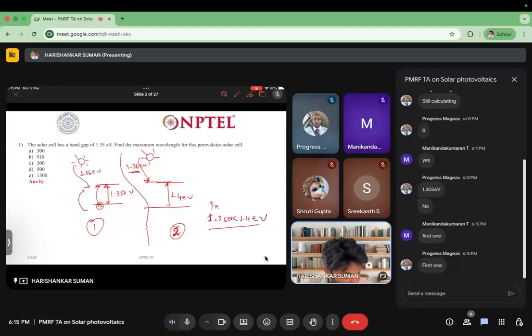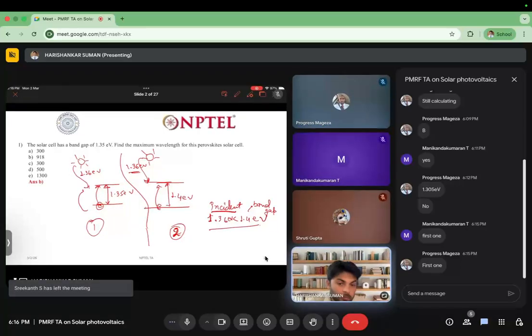This is the incident energy, this is the band gap. So the incident photon energy should be more than the band gap. An electron can only go from lower energy to higher energy. Clear?